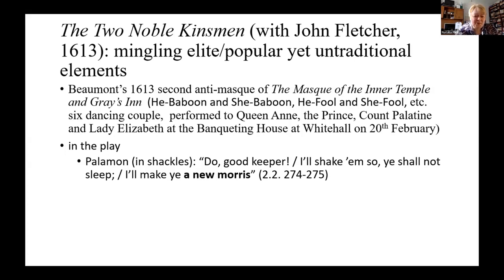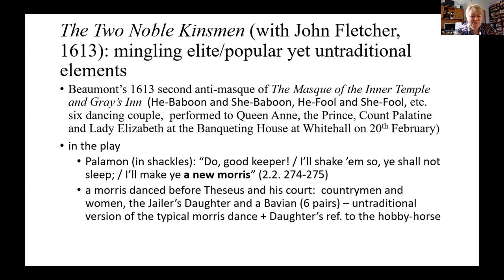But when we come to the actual Morris dance, which is performed on stage, and please, let's have the next piece of information. Thank you. We have a Morris dance performed before Theseus and his royal court. We have countrymen and countrywomen performing the Morris dance, which is again untypical. The jailer's daughter, one of the main characters, joins them as well.